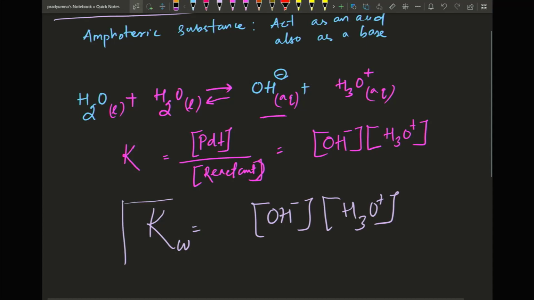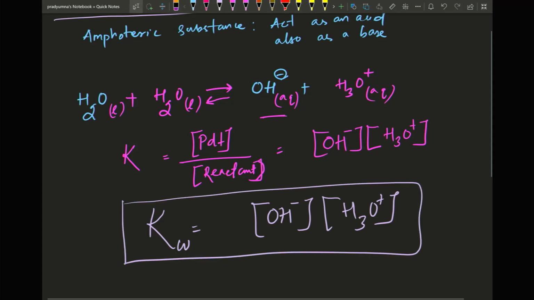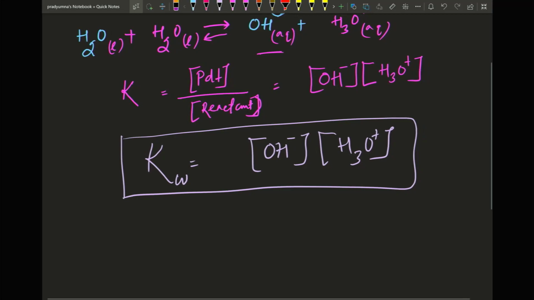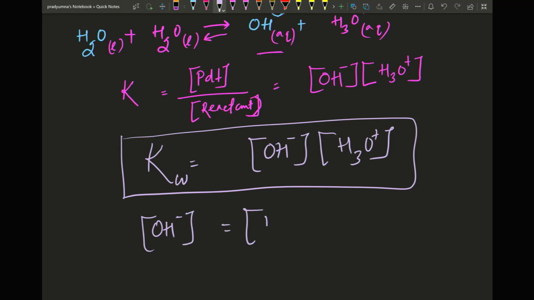People have found out experimentally that the concentrations of OH minus and H3O plus are equal. Obviously they're going to be equal, right? If it's normal water, it dissociates 50-50.